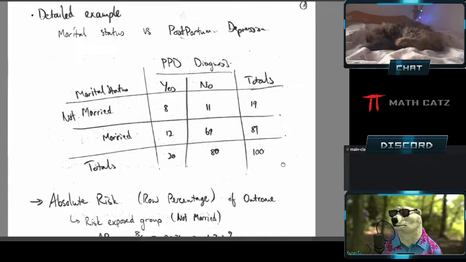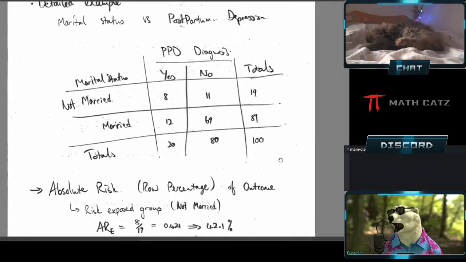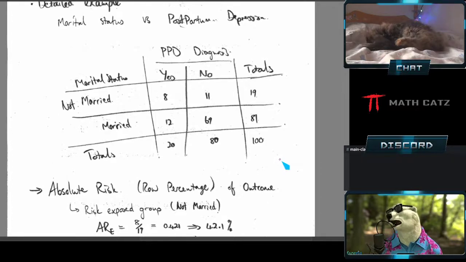So the absolute risk of having postpartum depression while not being married, the risk exposed group, I'm exposed to the risk by not being married, is 8 out of 19.